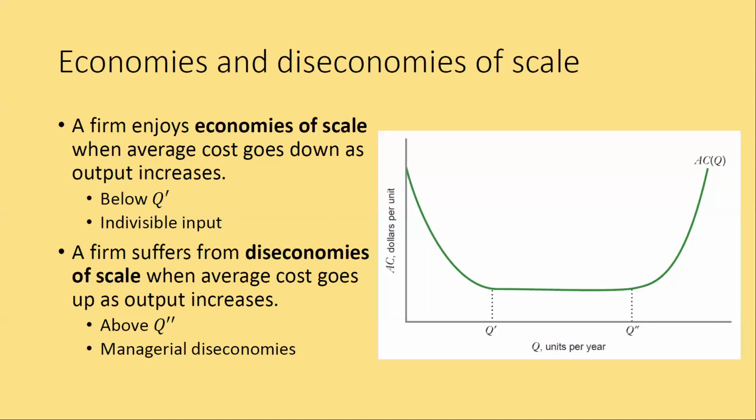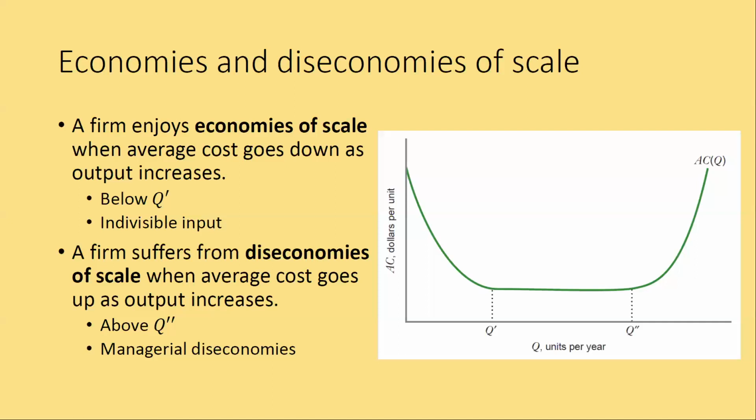It may increase its cost in other dimensions of inputs, such as raw materials or labor or management, but at least for this assembly line, the firm does not have to increase its cost. And this might lead to a decrease in the average cost and let the firm enjoy economies of scale. And this may correspond to the region that is below Q prime.